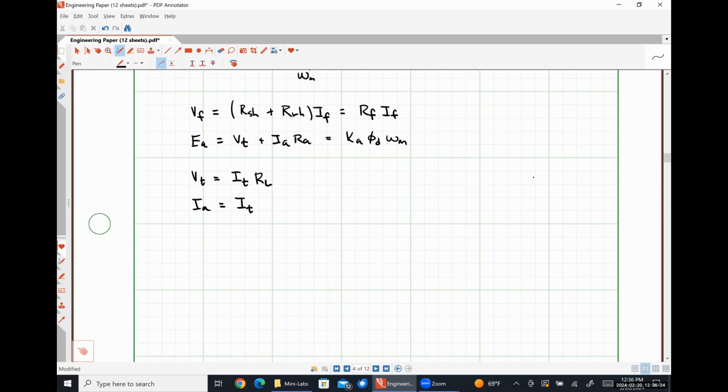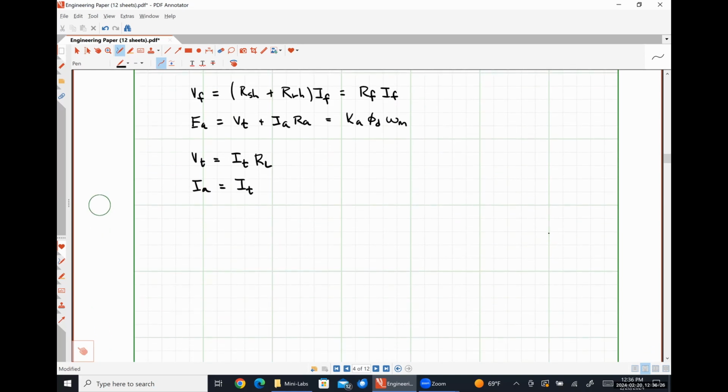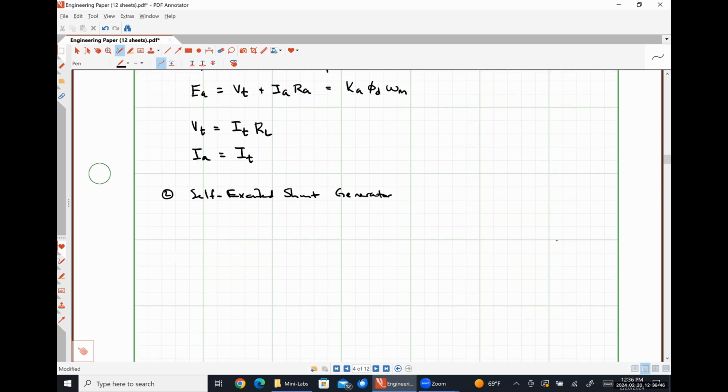Now let's look at a self-excited shunt generator. So just going to draw my circuit out here.